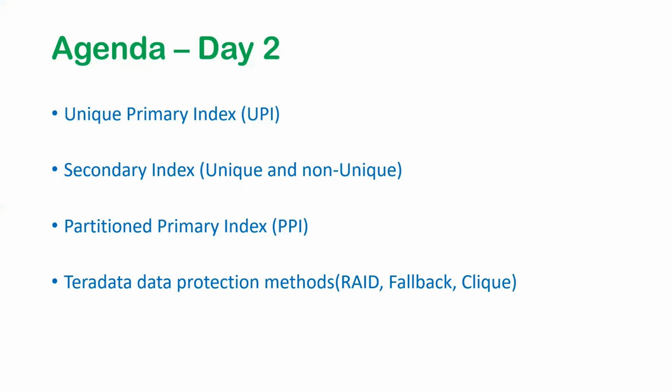We do have many concepts in data protection methods, like node level, AMP level, and disk level protections. We have the RAID concept, fallback concepts, and clique and log concepts. So we are going to learn about that.